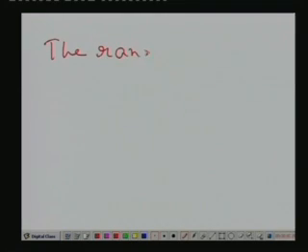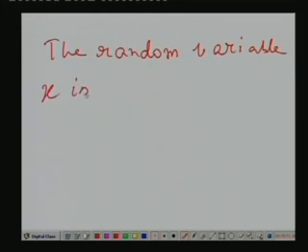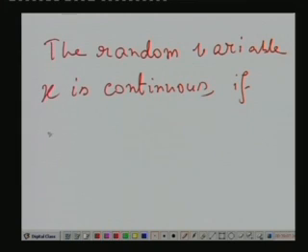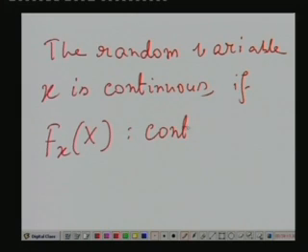If it is continuous, in that case we will say that the random variable itself is continuous, if the corresponding probability distribution function is continuous.